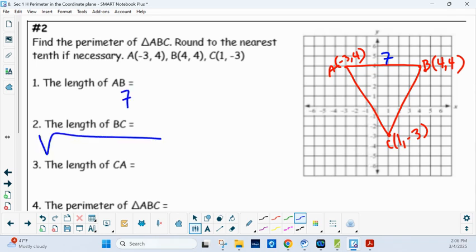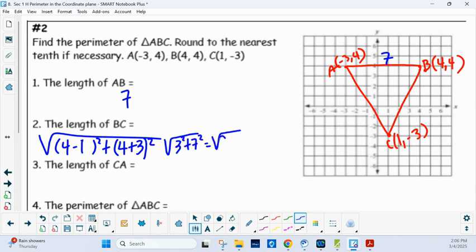Let's find BC. Marley, help us with the X's for BC. 4 minus 1. Go ahead. Plus 4, sorry. 4 plus 3. That look good for everybody? From B to C. Okay, so that gives us a 3 squared and a 7 squared.